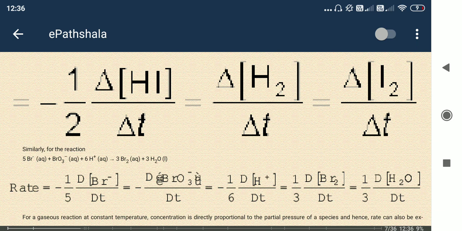So when we write the reaction rate, the change of concentration of HI by delta t, we need to take half because the stoichiometric factor was 2, right?